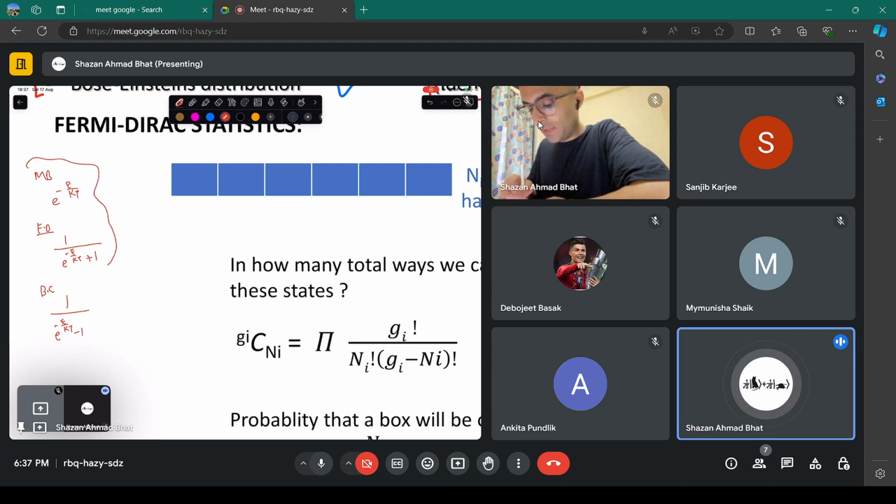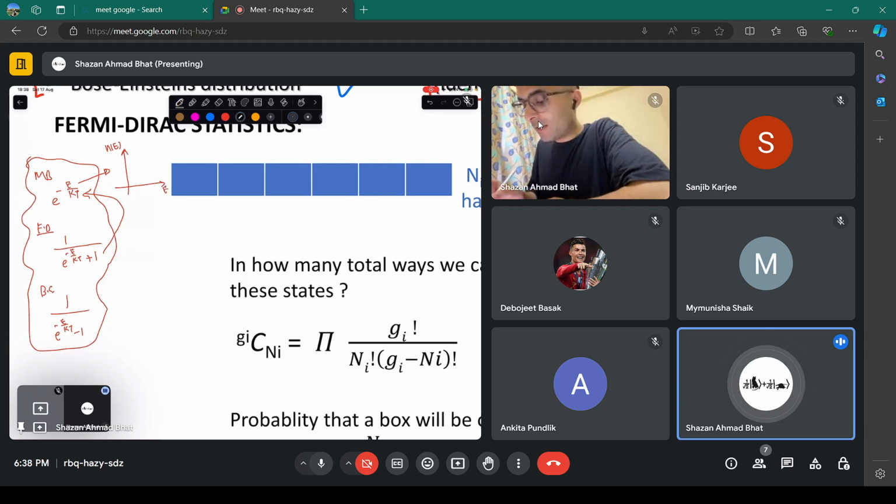So these are quite similar distributions. Obviously you can arrive at this distribution by using certain approximations, and also at this one. These are distributions of the electrons, and this distribution says how the number of electrons with respect to energy are distributed in energy space.